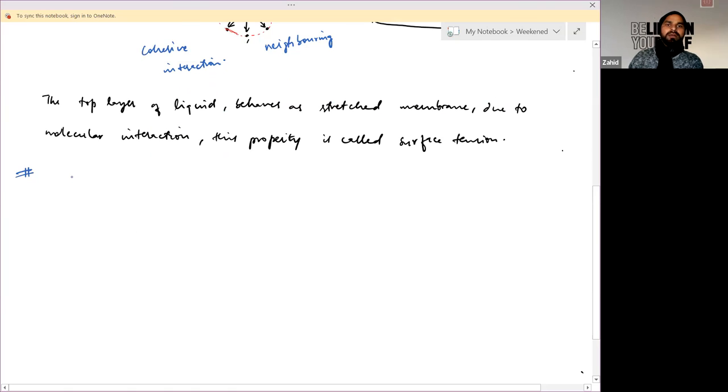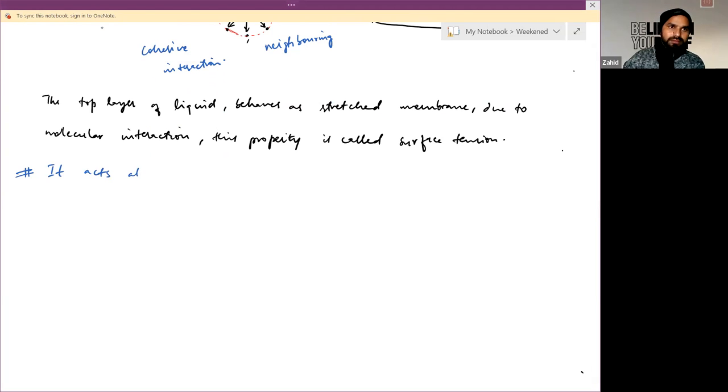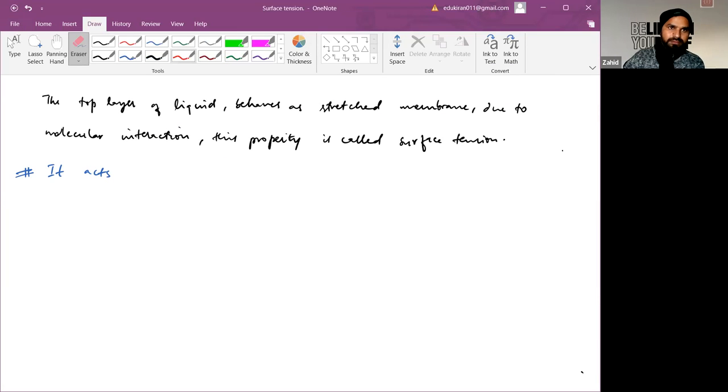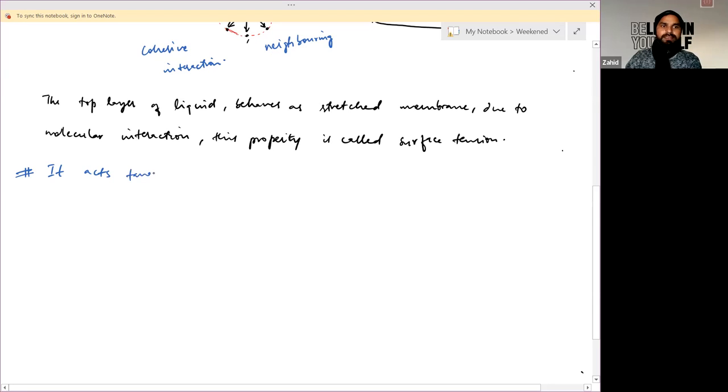First, surface tension acts between the interface of any two separating media. So it acts tangentially at the interface of two separating media.